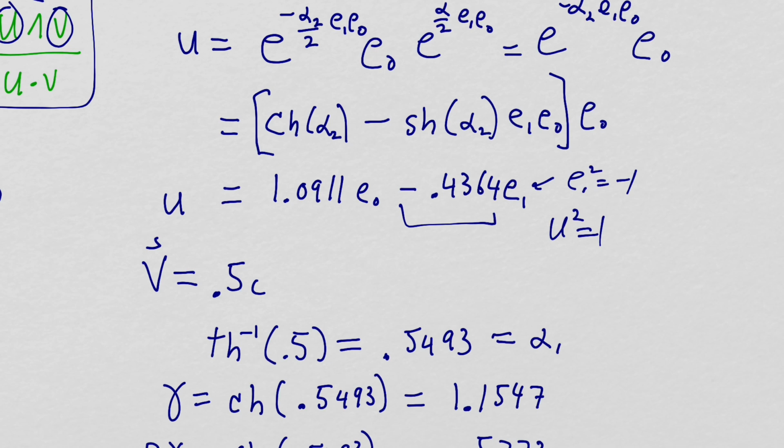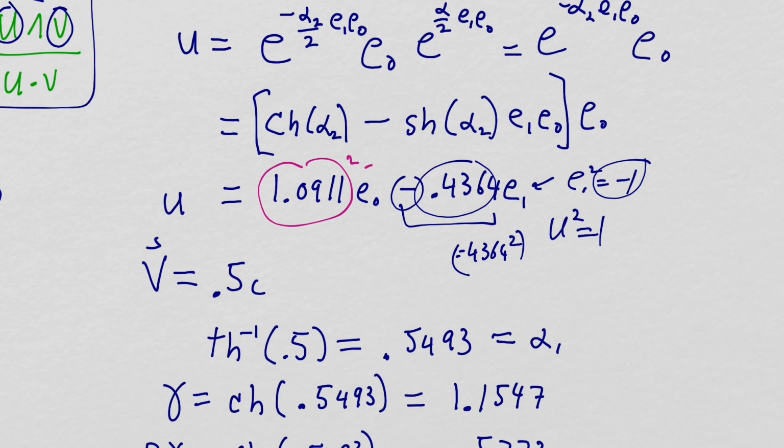But this is minus 0.4364 squared, but it's minus that squared, right? Which means this minus sign goes away when you square this first term, and you end up keeping that minus sign. So it ends up being the square of this thing minus the square of this thing. And when you do that, it ends up being 1, right?